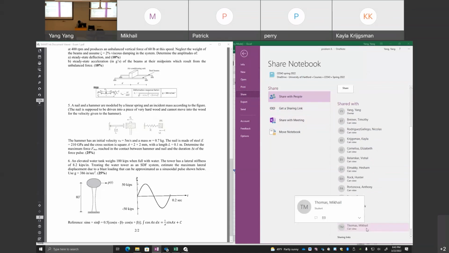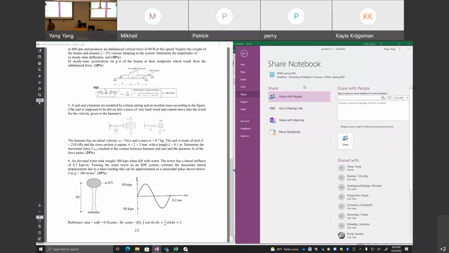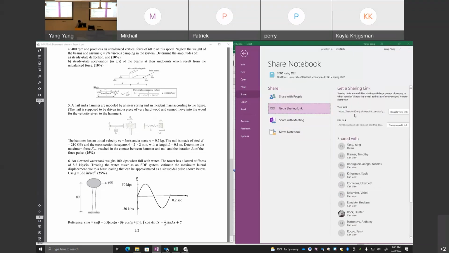Mikhail, your email is also listed here, so you should be able to check your email to find the shared OneNote file. The OneNote file is CE543 2022. Please let me know whether you can find it. If not, I'm going to send you a share link so that you can access it. Is that clear? Yeah, I'm looking for it right now.